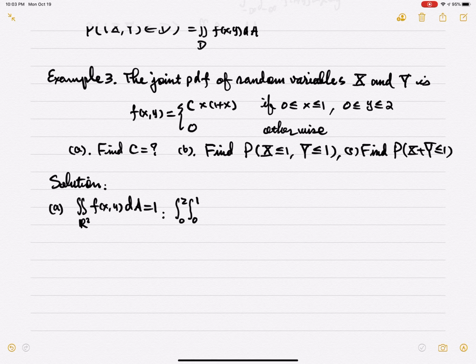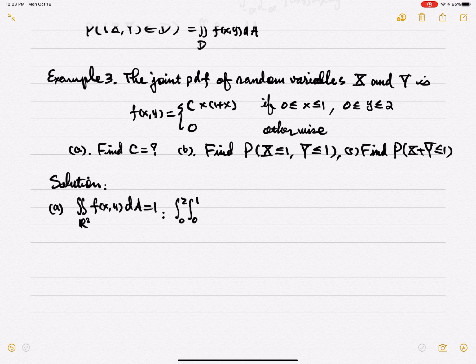Because it's a rectangle, the order doesn't matter. You can put x first and then y. You have the same. And why not from negative infinity to positive infinity? Because from negative infinity to 0, and from 2 to positive infinity, those two parts, the function is 0.